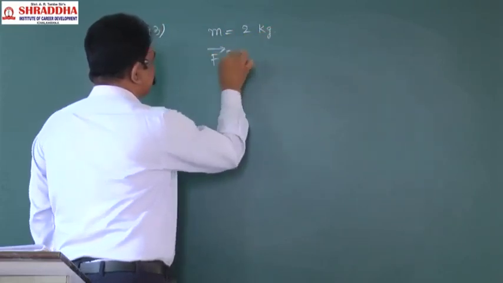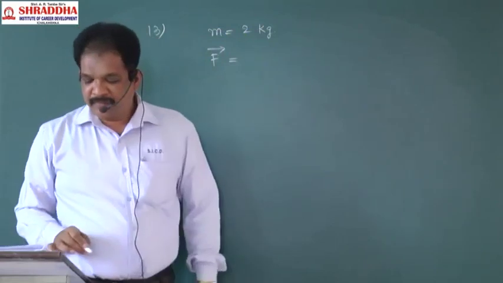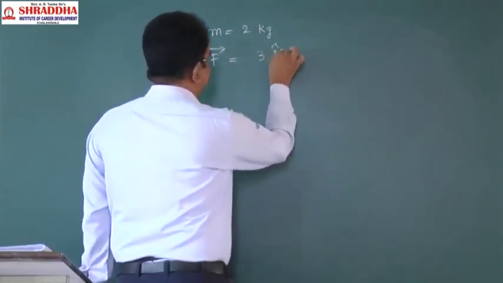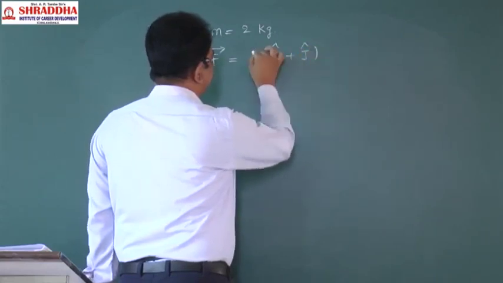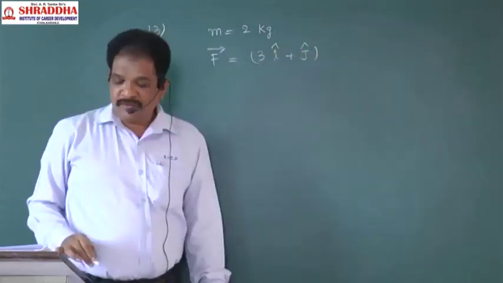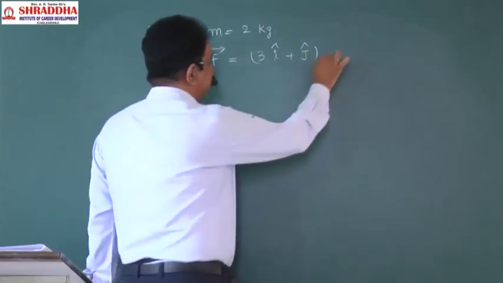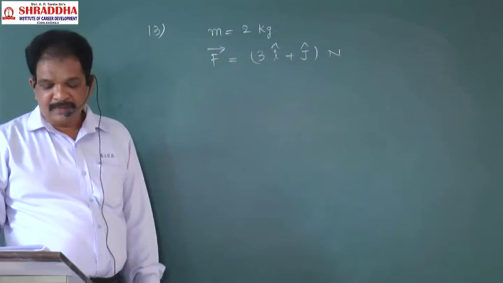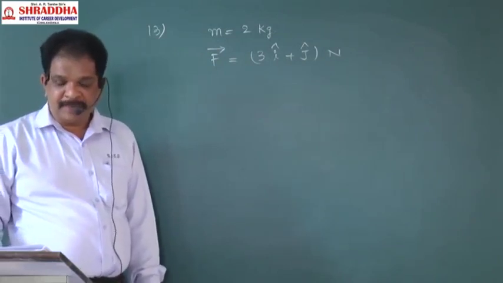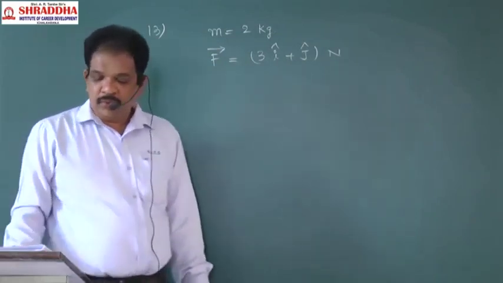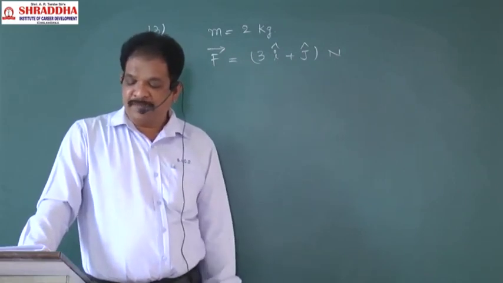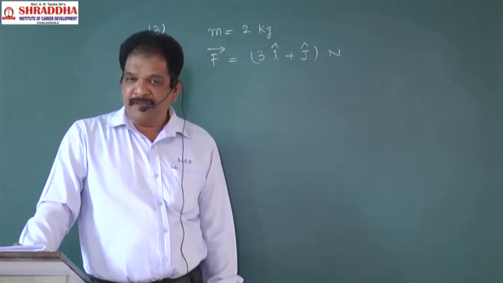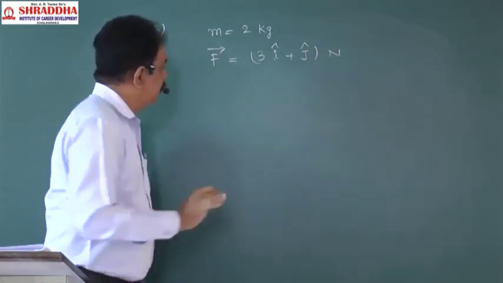On that particle, a force of 3i cap plus j cap Newton is applied. Then the particle is displaced from 2i cap plus k cap to 4i cap plus 3j cap minus k cap meter.